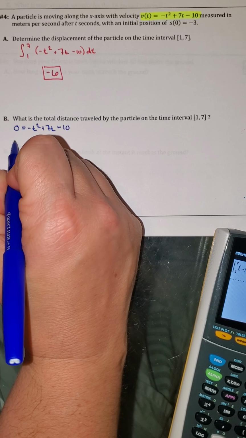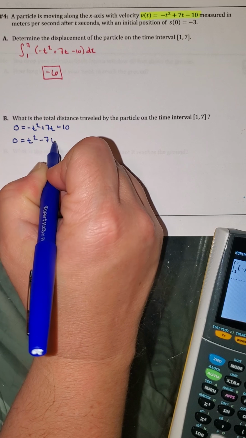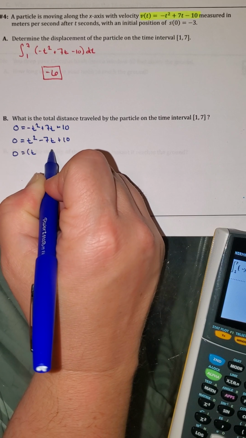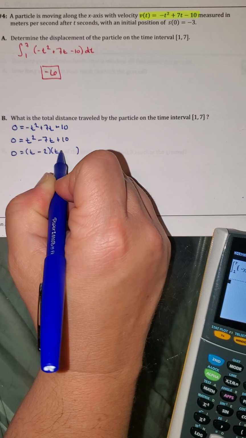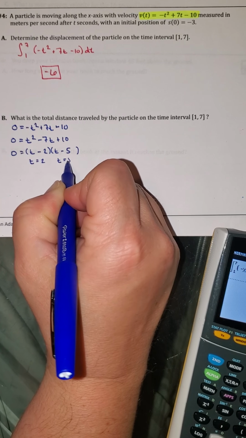You can multiply everything by -1. So 0 equals t squared minus 7t plus 10. And this one's actually factorable, and that's why it's not bad. So two numbers that multiply to 10 add to -7, that would be -2 and -5. So when t is 2 and when t is 5.